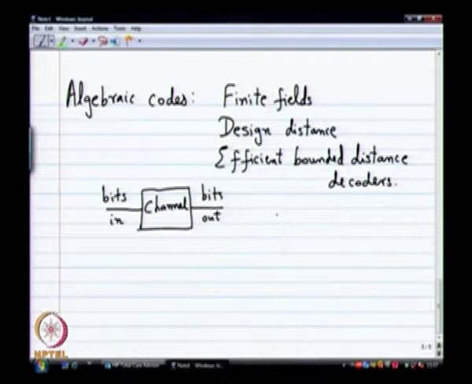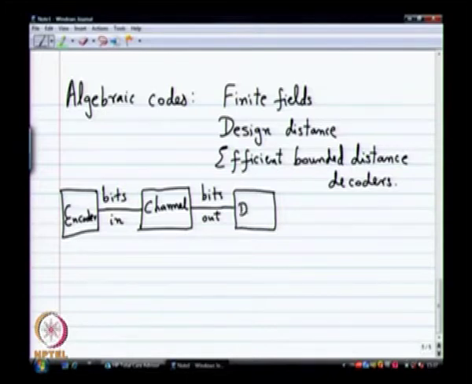For a long time people were trying to do codes, with an encoder and a decoder sitting outside here. So, this was considered the place for the encoding and decoding.